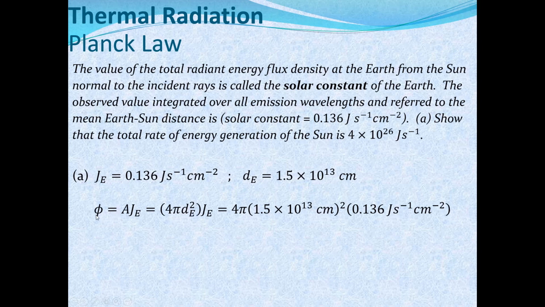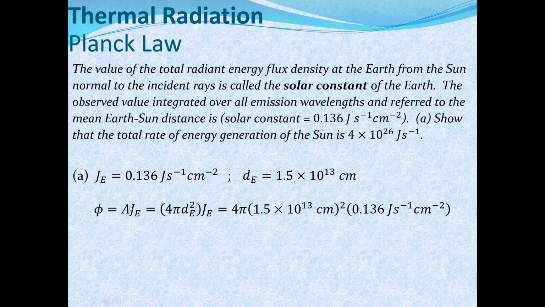The energy flux can be rewritten from our definition as being the energy flux density times the cross-sectional area at that distance. So basically the whole idea is that the Earth is only absorbing a small amount of the energy along that entire sphere by the time it gets to it.